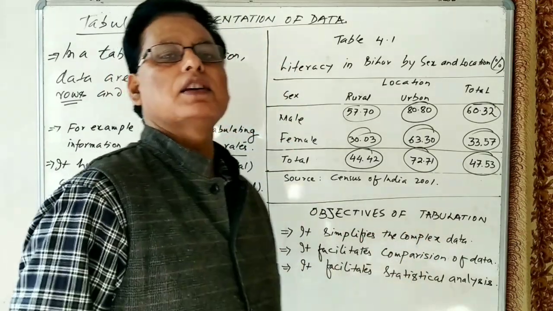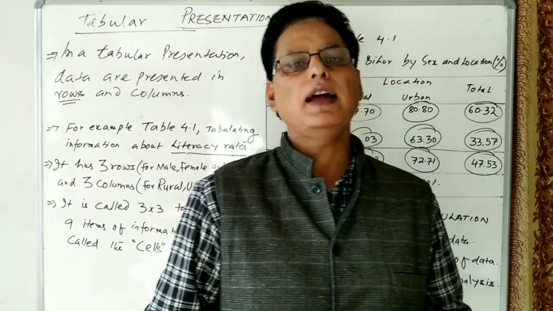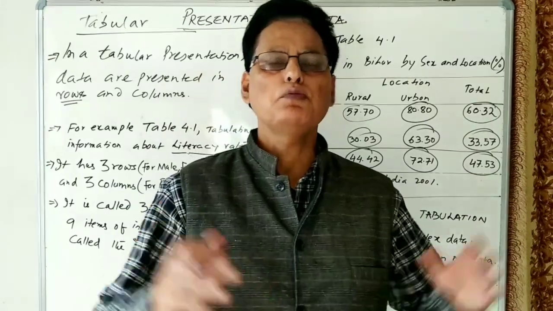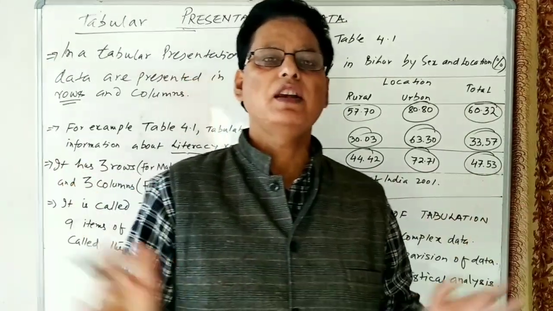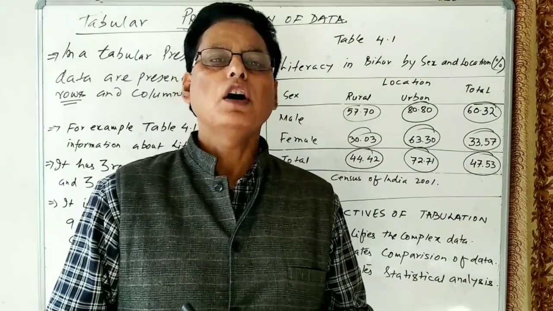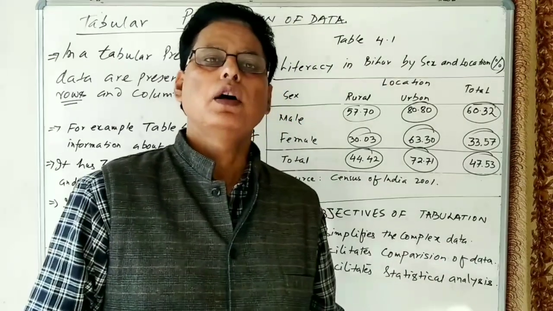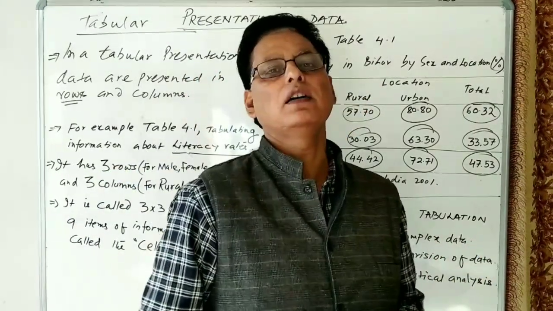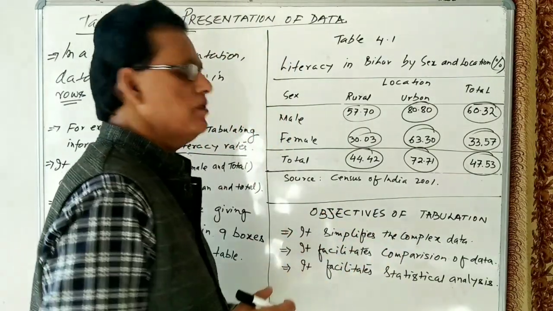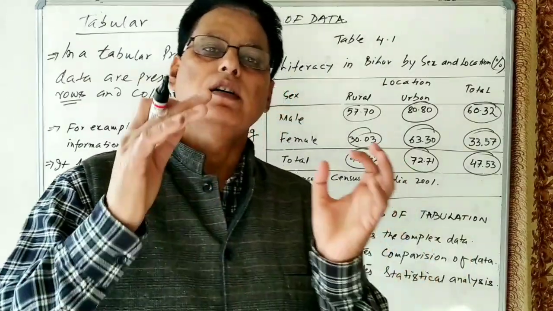When data are collected, they are in original form and seem very complex, voluminous and very large, and that is why it is very difficult to comprehend and to identify the information. So the table simplifies the complex data into a simpler form.